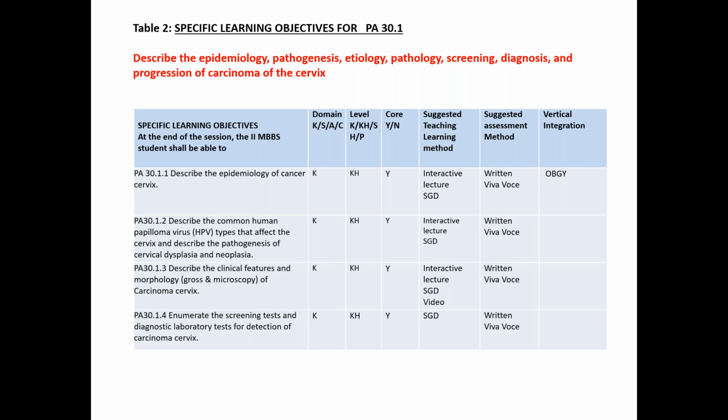Here, we want them to describe the progression from metaplasia to dysplasia to in situ to invasive carcinoma. Then describe the clinical features and morphology, gross and microscopy, of carcinoma cervix. Enumerate the screening tests and diagnostic laboratory tests for detection of carcinoma cervix.